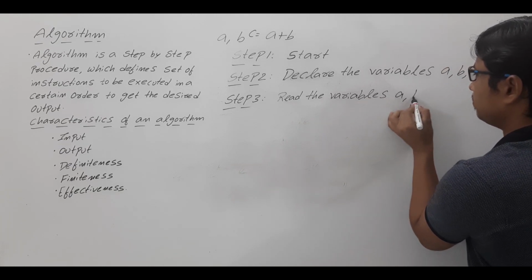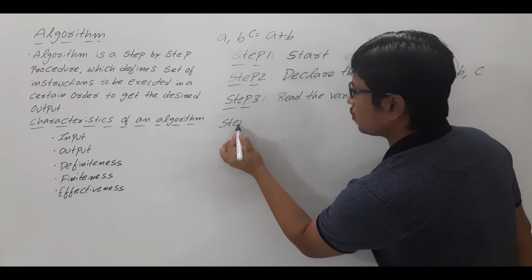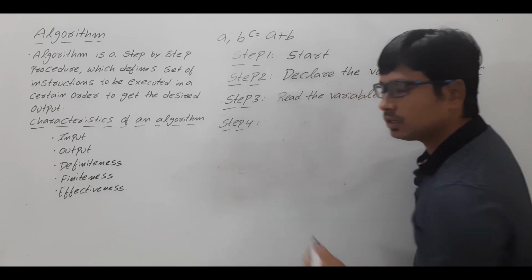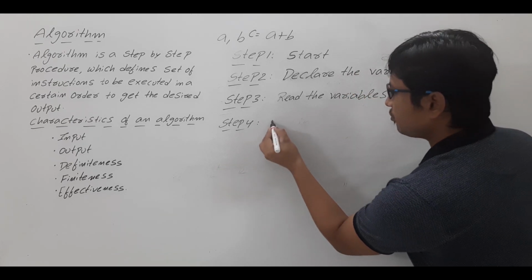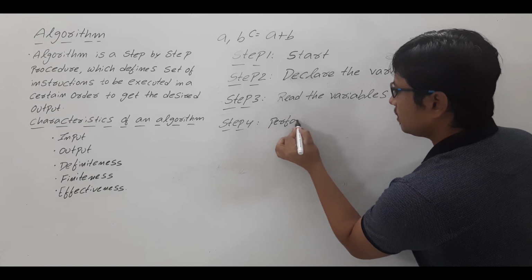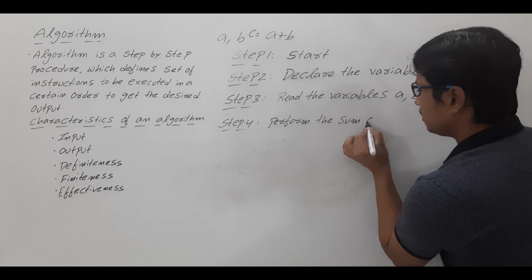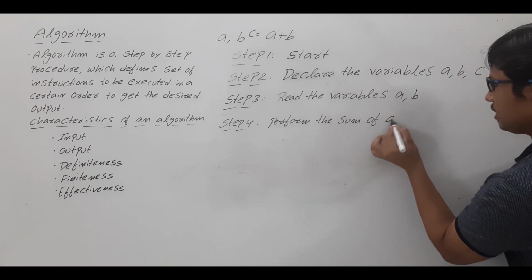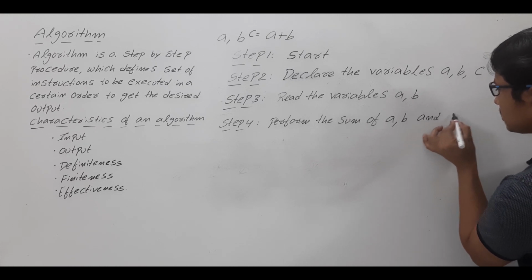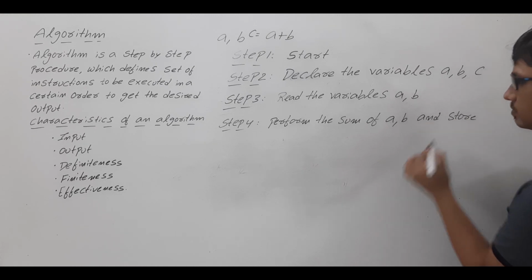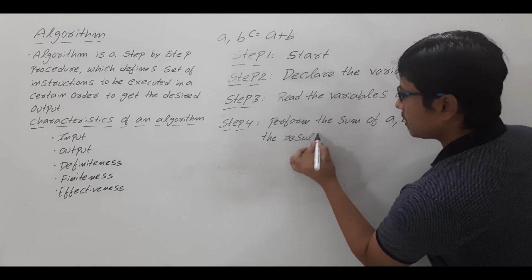Step 4: once you have read the values of the variables a comma b, you need to perform the addition. Perform the sum of a comma b and store the result in c.